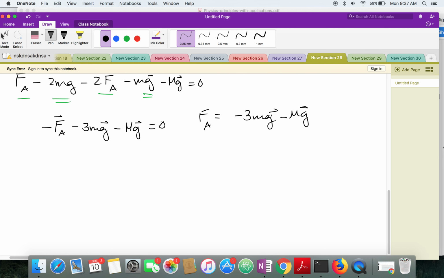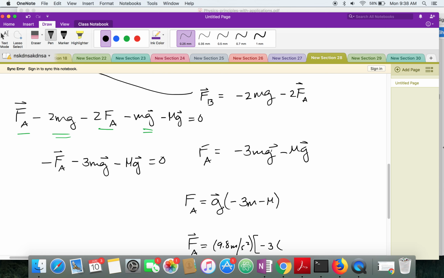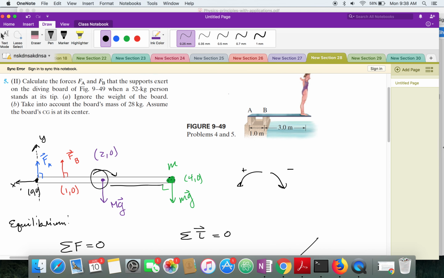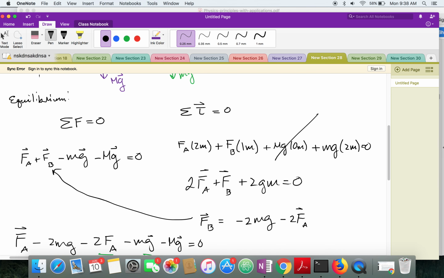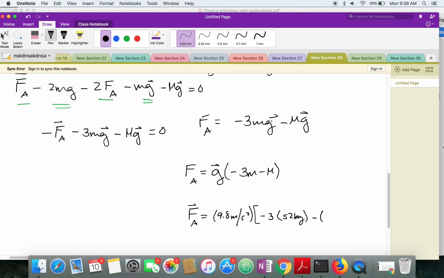So FA is g times negative 3m, little m, minus big M. And we have numbers for all these, so now we can plug it in. So this is going to be 9.8 meters per second squared, and then in here, it's negative 3 times 52 kilograms for her, minus the diving board, which is 38 kilograms.